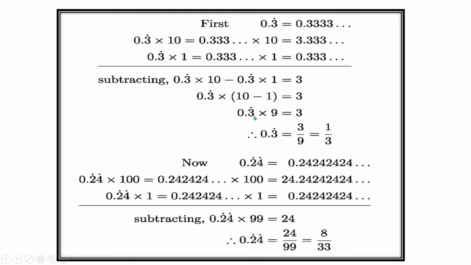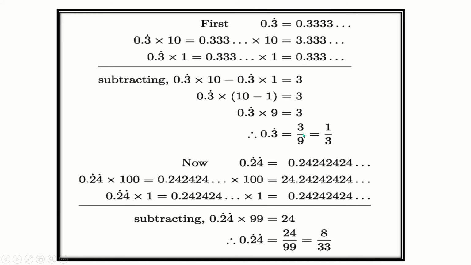So 0.3 recurring equals 3 divided by 9. Okay, next time we'll do it directly: we'll write 3 divided by 9, no need for this part. For a recurring point we can take 9.